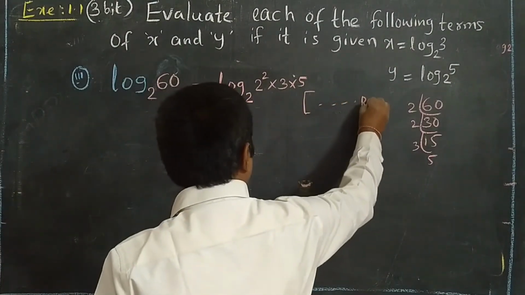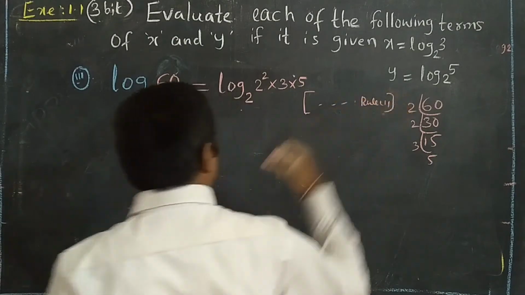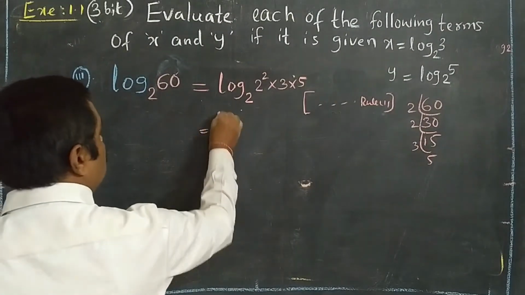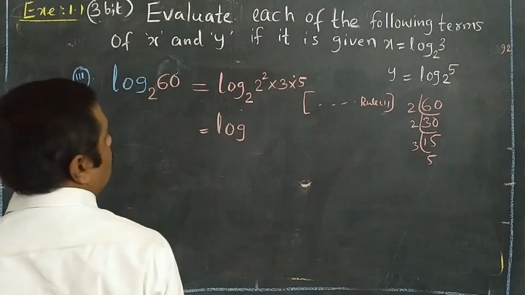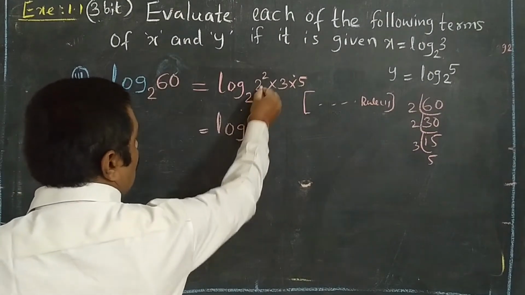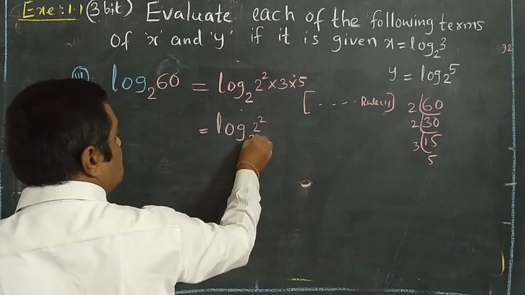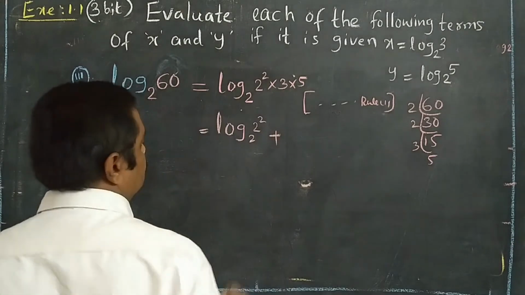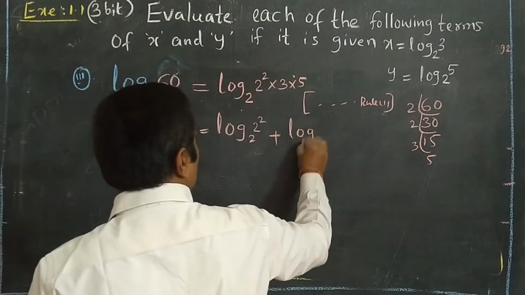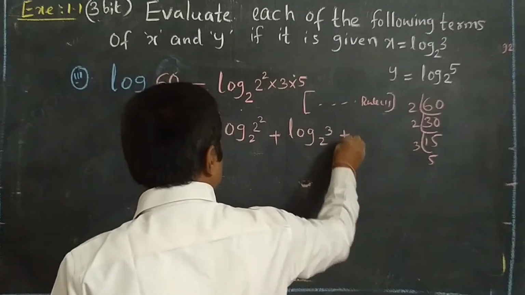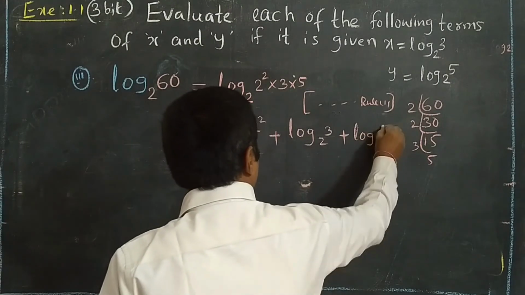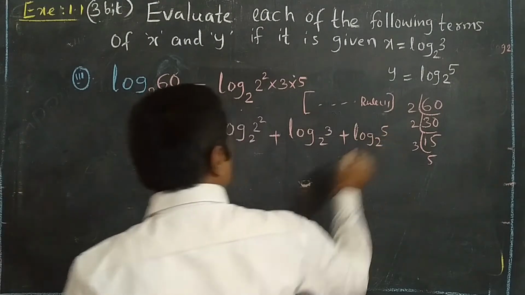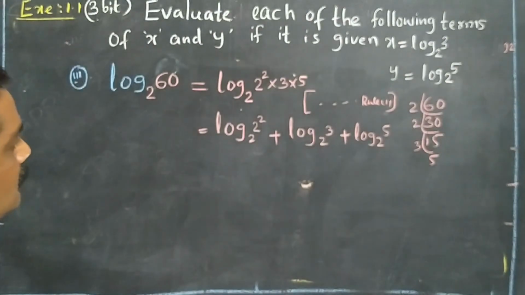First rule, it is product rule. According to the product rule, you have to write log 2 square base 2 plus log 3 base 2 plus log 5 base 2. You have to write like this.